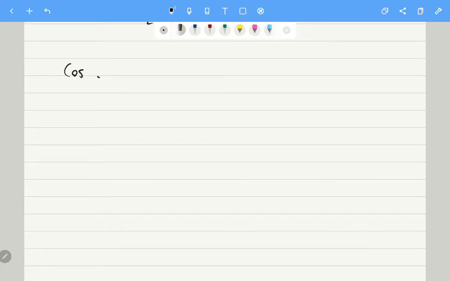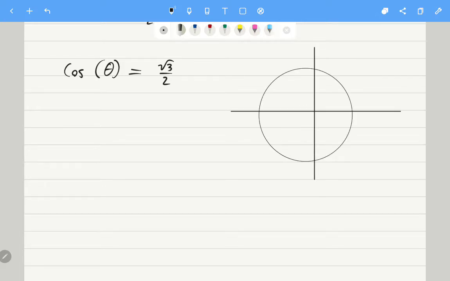Let's imagine we've got cos of theta, and we're solving it for root 3 on 2. When is cos of theta equal to root 3 on 2? Well, draw in our unit circle, and let's go x-axis, y-axis. We're interested in cos.